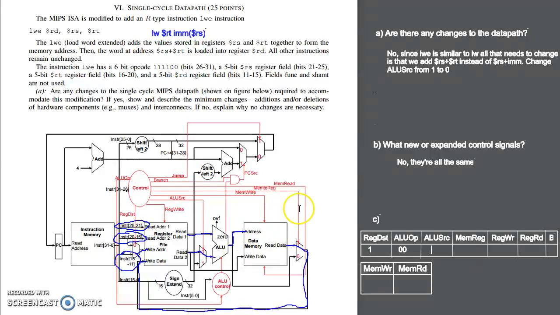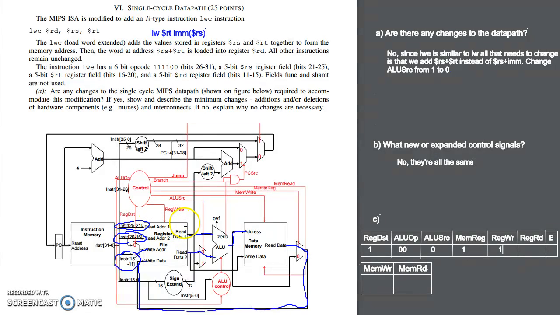Our ALU source, we've already said that this needs to be 0 instead of 1 like it was before. Our mem to reg value is going to be 1 because we're going to be wanting to read from the data. Register write. Are we writing to a register?